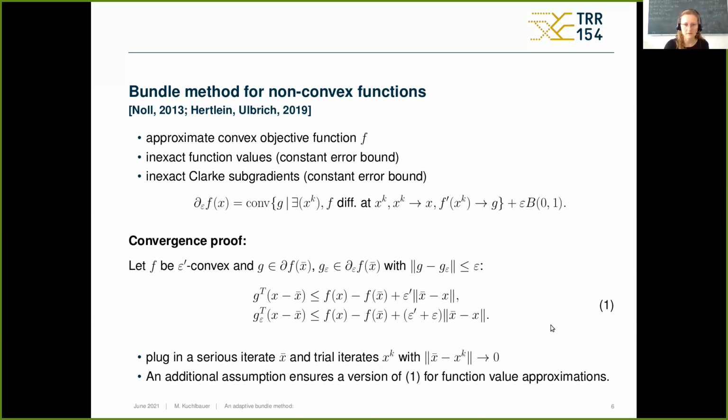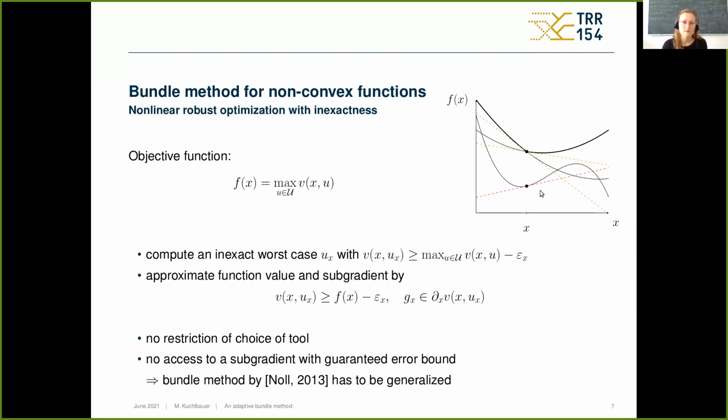So let's come back to our case where we had no constant error bound on the distance between inexact subgradients and the exact subdifferential. Remember, we had a constant bound on the error that we have in the objective function value, but we did not have this constant error bound on the distance of subgradients.